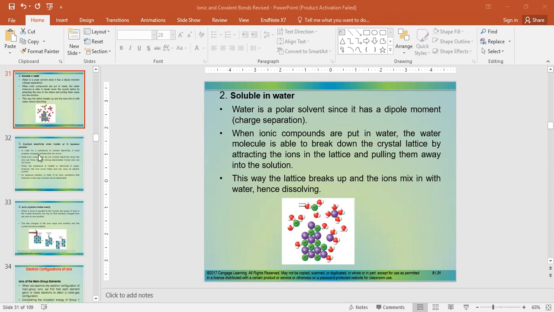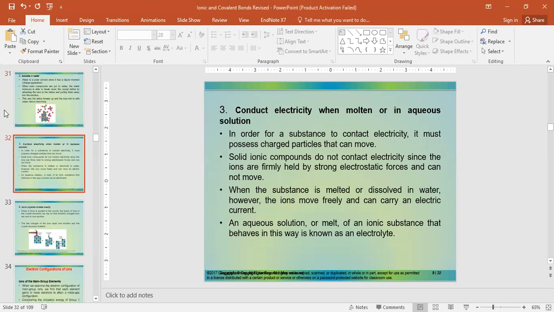Now, the other property that we can look at is the electroconductivity of these ionic compounds. And we are saying that ionic compounds are going to conduct electricity either in molten state or in aqueous state. That is how they conduct electricity. Why does this happen?